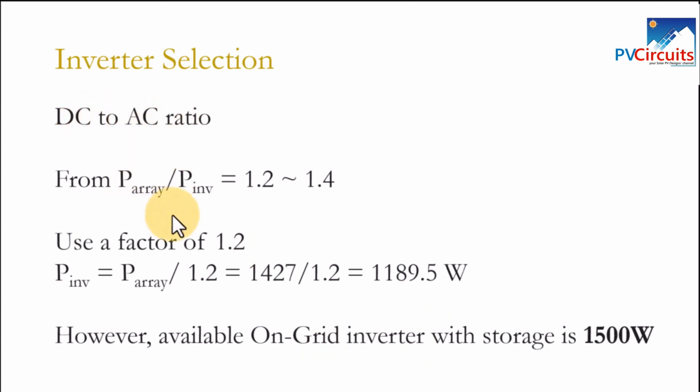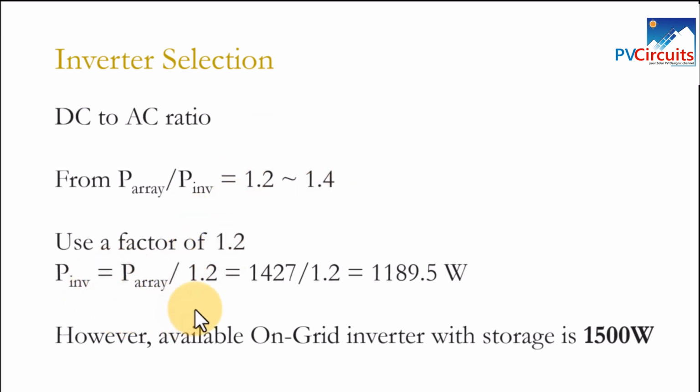From this equation here, the power of the array divided by the power of the inverter should be between 1.2 to 1.4. Some places even from 1 to say 1.3, but it's normally better to oversize the PV size to be greater than the inverter by a certain factor.